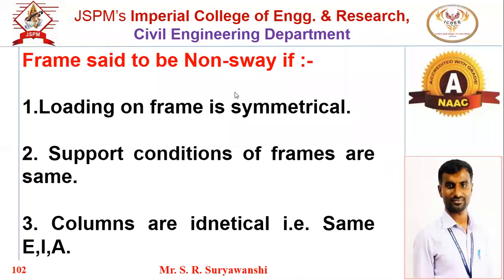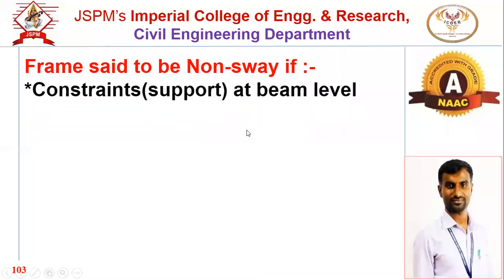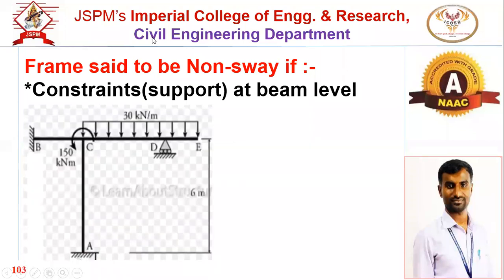But in addition to these three conditions, there is one more condition. If that condition is there in a particular frame, the frame will be non-sway directly, and that condition is a constraint or support at beam level. Suppose this is the frame and it has a support at beam level, and that support should be either a fixed support or a hinge support.